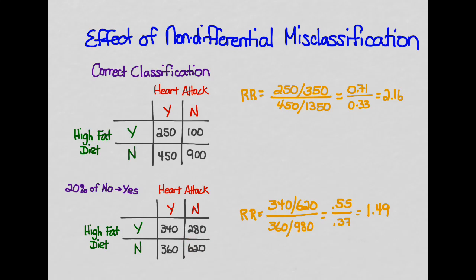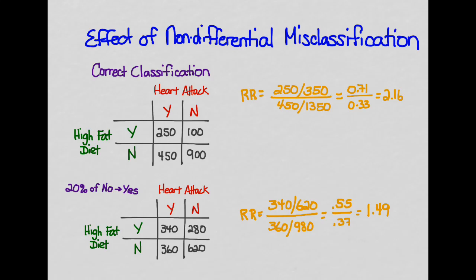So even though this misclassification occurs equally across, in this case, disease groups, there's still an impact, and the bias still results in an incorrect estimate of the relationship between exposure and disease. In particular, it results in a dilution of the effect, and so the effect comes out closer to 1 than it actually is.